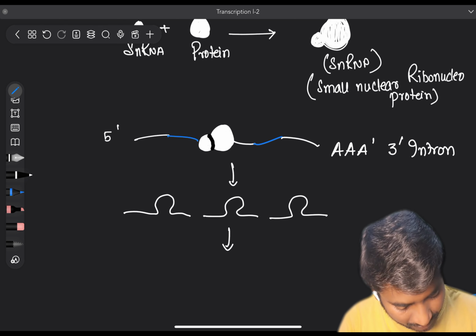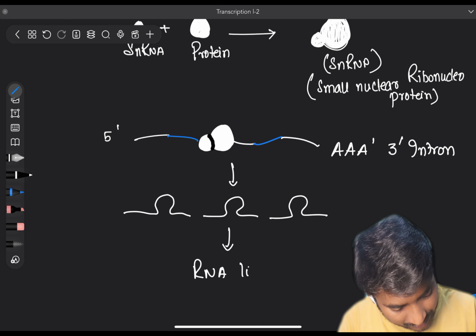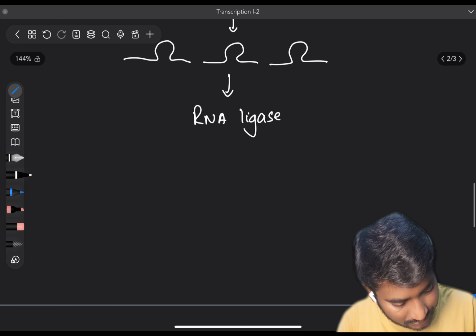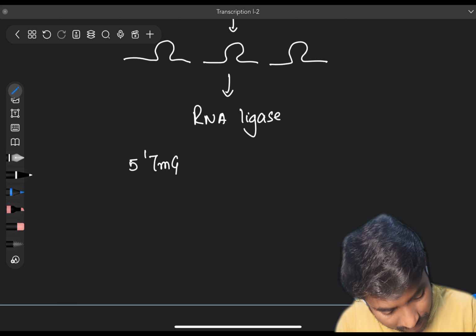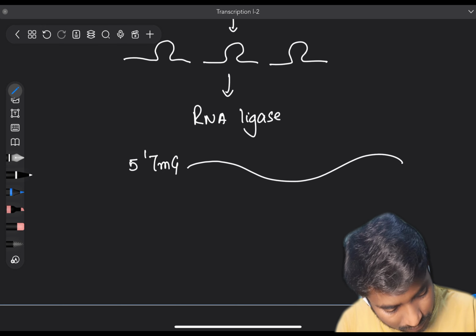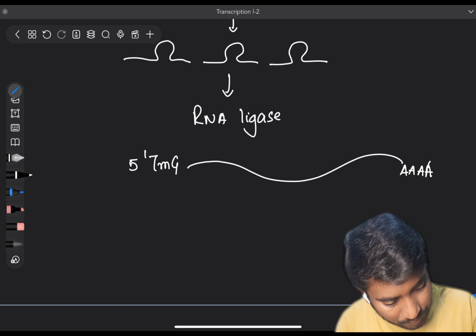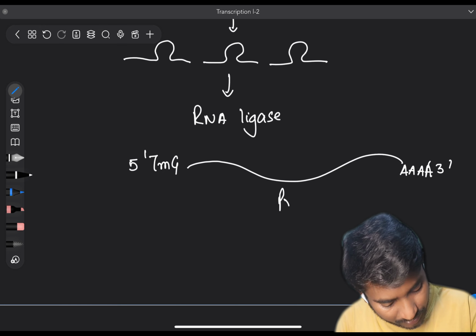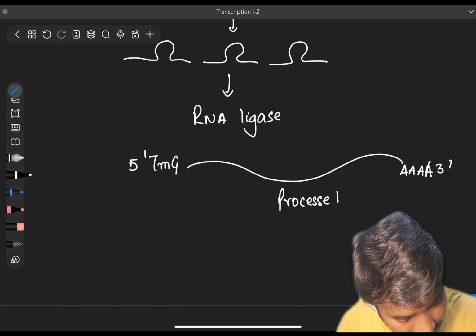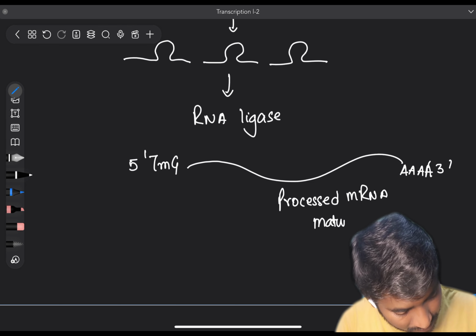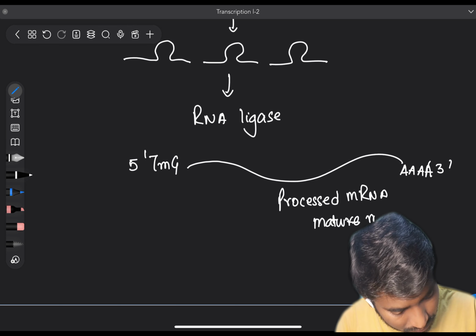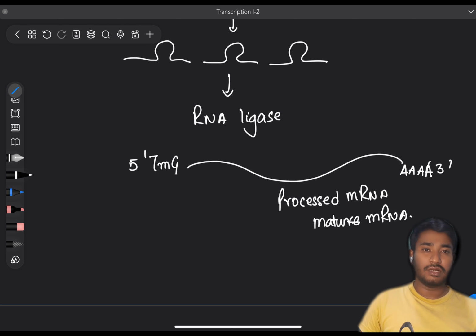It will be broken into fragments. Now, by the RNA ligase enzyme, it will be joined as 5' to AAA 3', processed mRNA, mature mRNA.